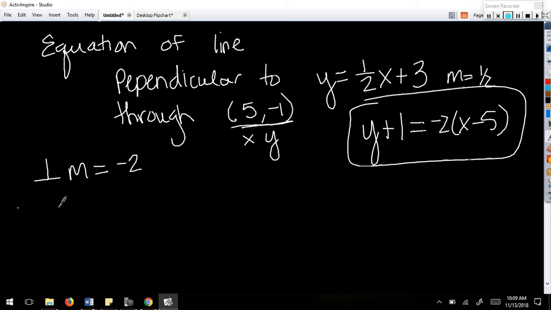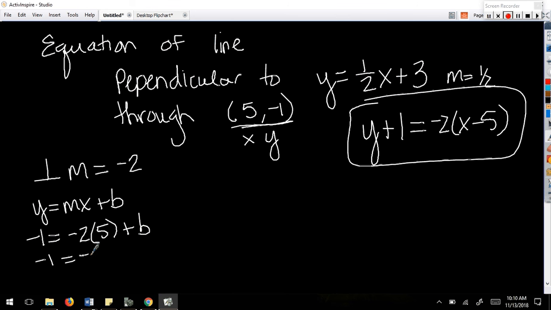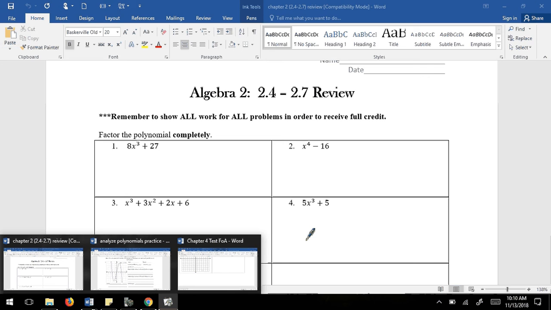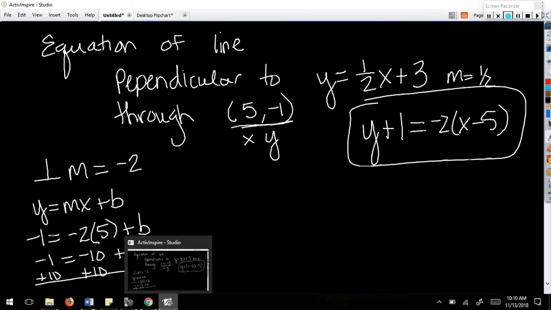If you used mx plus b, then use the new slope, so you'd have y equals new slope times 5. So negative 2, negative 10. So what is b? Positive 9.